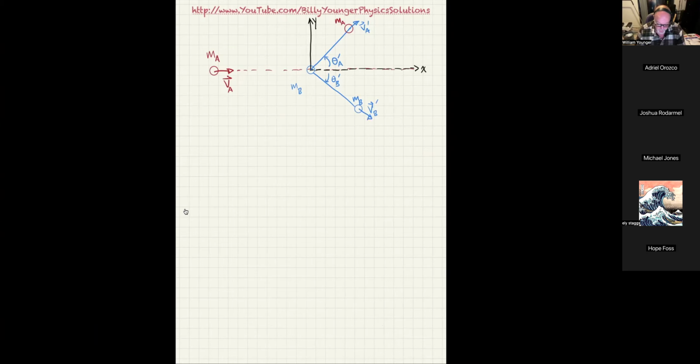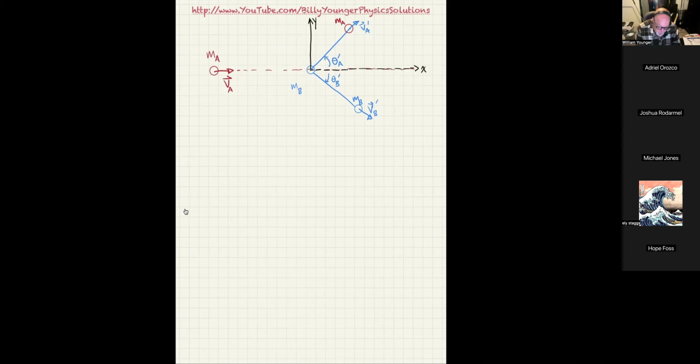What we're seeing right on the coordinate origin is the initial setup, and then what we're seeing to the right of the coordinate origin is the trajectory that MA will follow after the collision, and the trajectory that MB will follow after the collision.